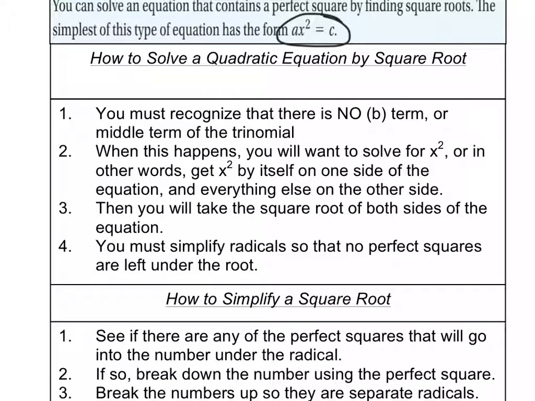In this case right now, we're going to just go ahead and make these answers decimals. Again, reminder, when you take the square root of both sides, you still have two answers. So a lot of times, your answer is going to be x equals plus or minus some kind of number.